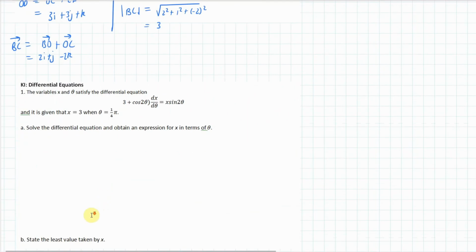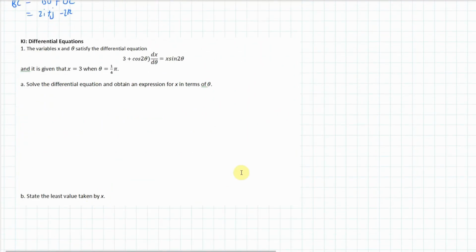Okie dokie. Last one is differential equations. And what have we got here? There should be a bracket here. For some reason that's dropped out. The variables x and theta satisfy this differential equation. It's given that when x, okay, so we're given a parameter here which we can use later.